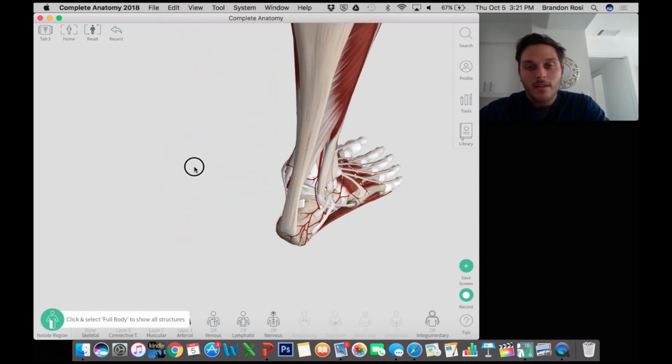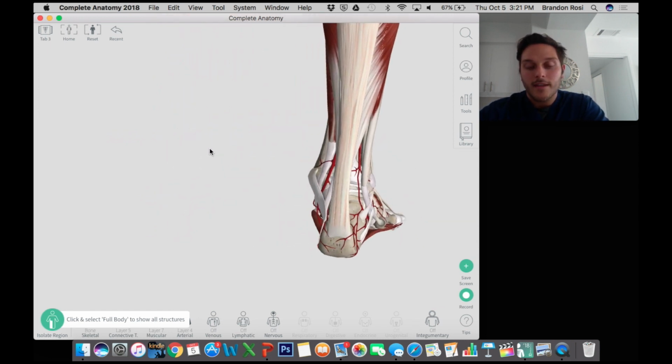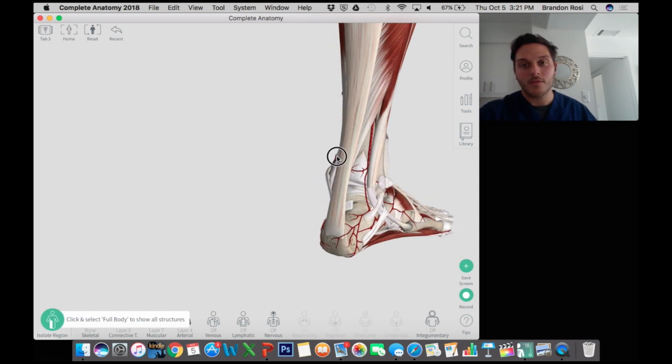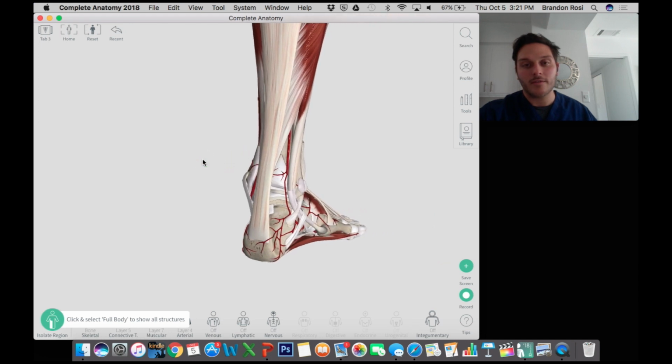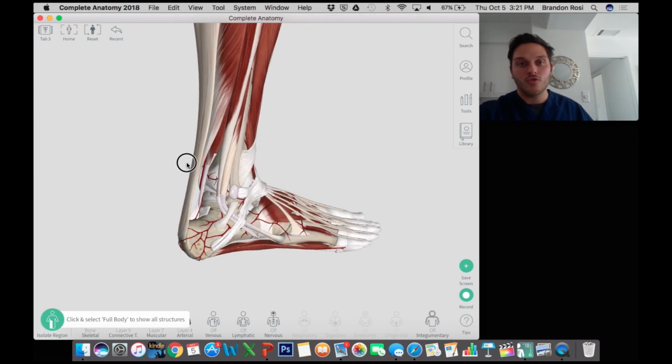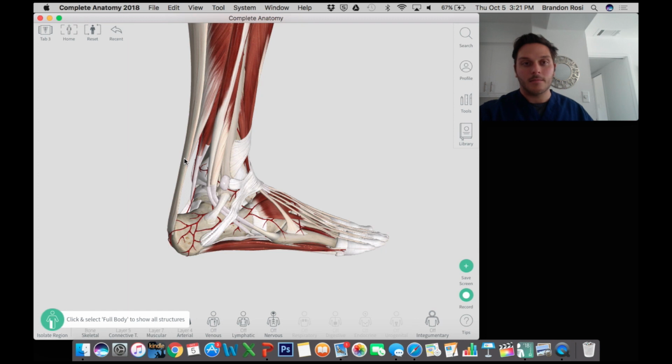So again, if you have an Achilles injury in the tendon that is much higher up here, then most likely you are much more safe to do an exaggerated or an eccentric heel stretch.